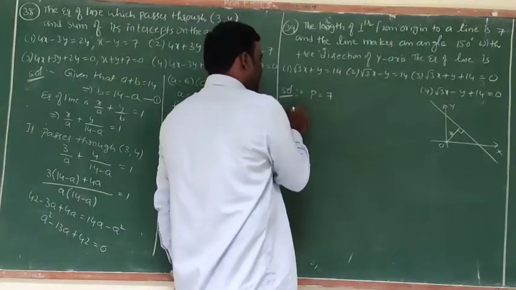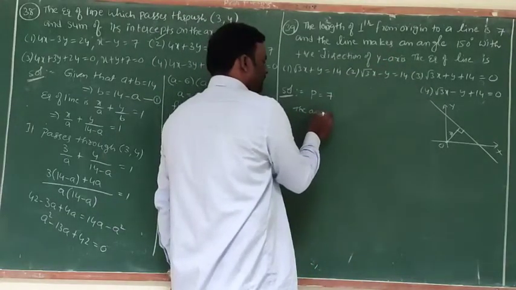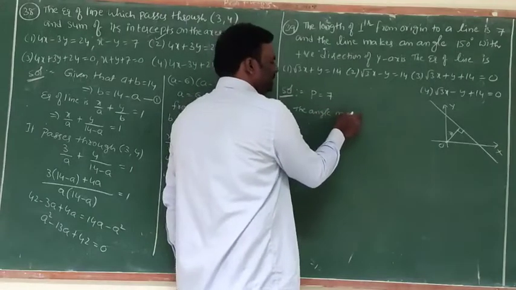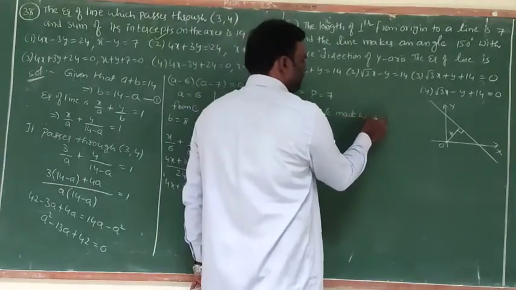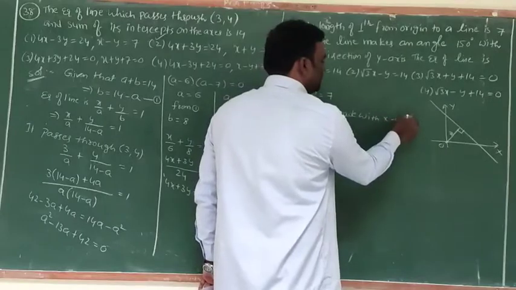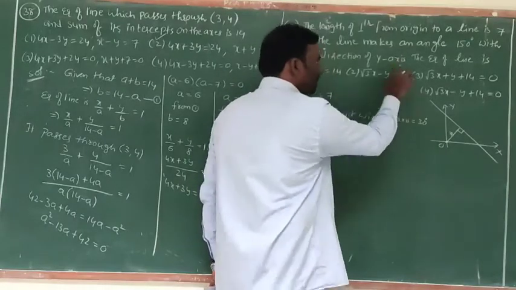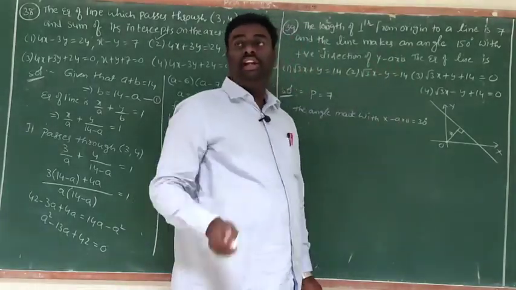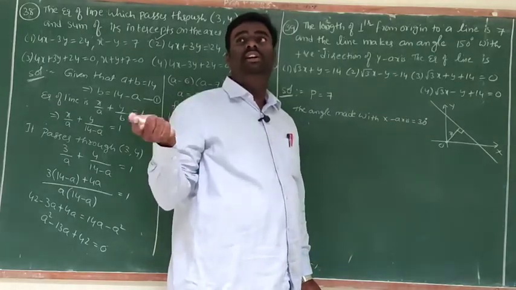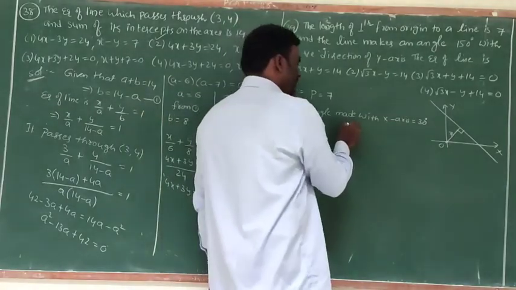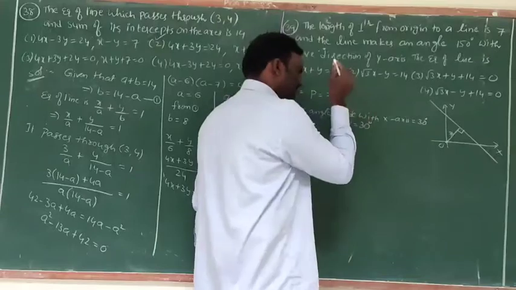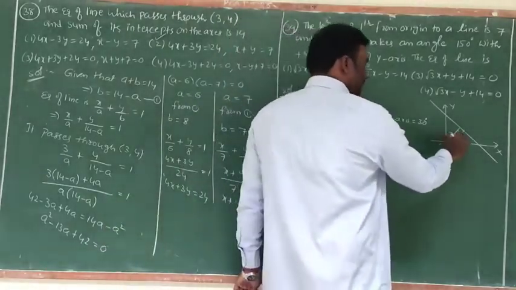Now the angle made with x axis, that is 30, because it is 150, that's why it is 30. If you add, you will get 180. Now alpha equals 30, and this is 30.